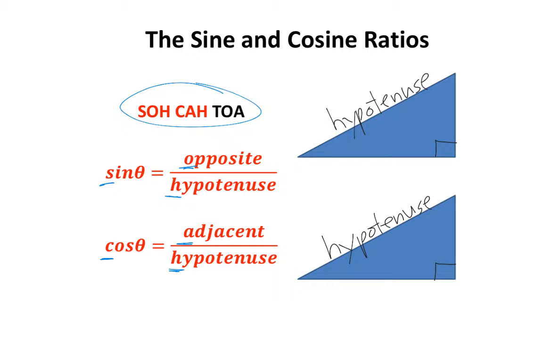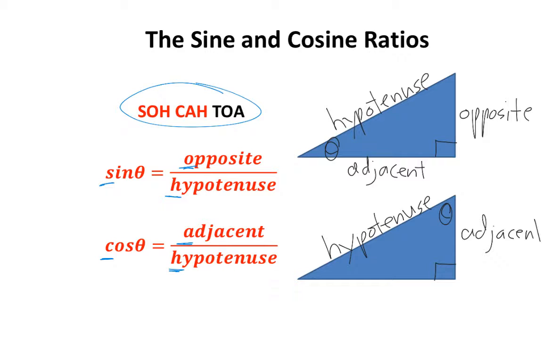So if I'm looking at this angle, that would be the adjacent side, and this would be the opposite side. However, if I was talking about this angle, this would be the adjacent side, and this would be the opposite side.